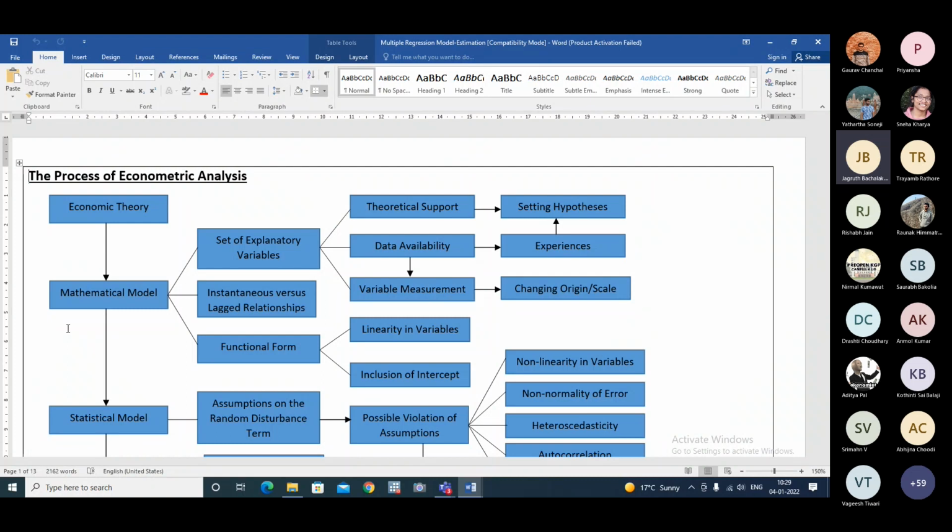Now, in both the cases, if say, for example, in the first case, beta is statistically significant and negative, then we are saying that the law of demand is valid. In the second case, if I find beta is statistically significant and positive, then also the law of demand is valid. Because in both the cases, we are getting an inverse relationship between price and demand.